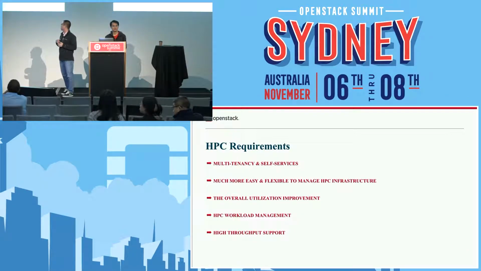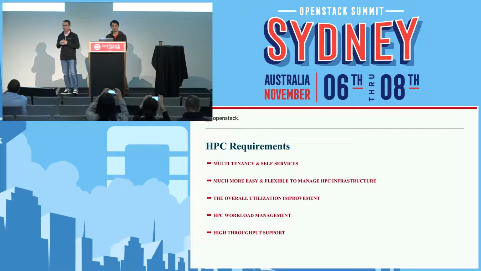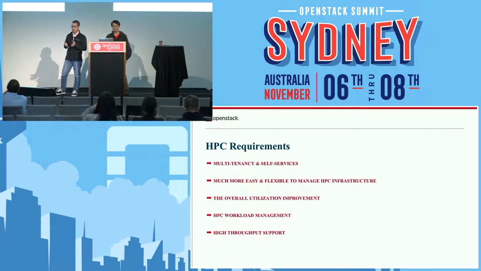So we can summarize several requirements on the HPC in Shanghai Jiao Tong University. First one is, as I just mentioned, multi-tenancy and self-services. And the second is how to be more flexible to manage the HPC cluster, including provision and scaling.